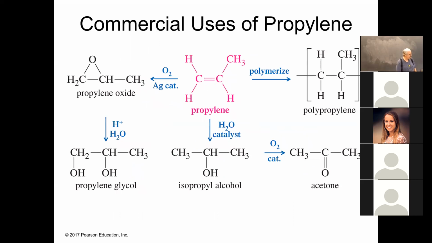Okay, these are some of the uses of propylene or propene. Okay, we can make polypropylene. Okay, where we string thousands of these propylenes together. Okay, this is like polyethylene, except we have a methyl group on every other carbon on the chain.